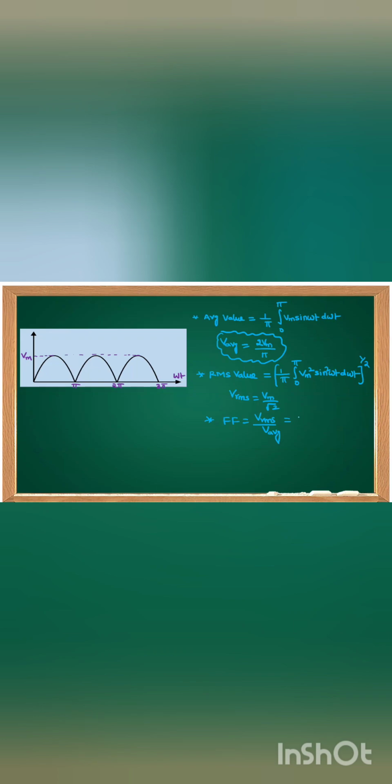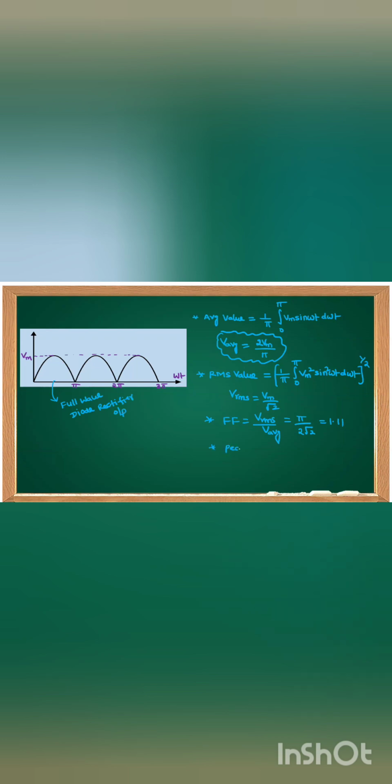That is pi by 2 root 2, equal to 1.11. This is the full wave diode rectifier output, form factor 1.11.